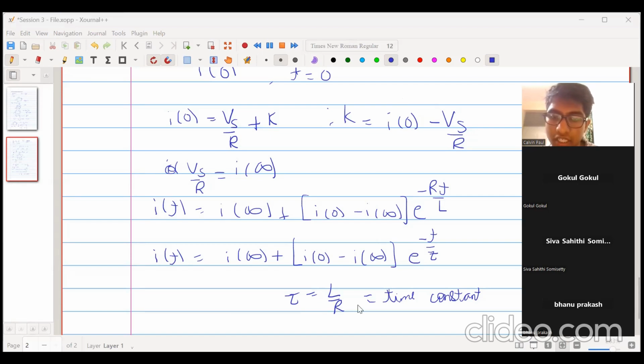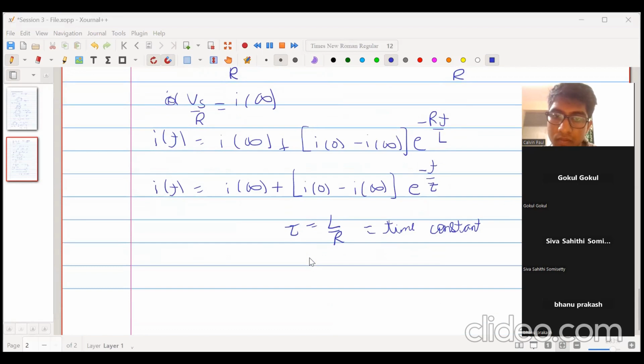Okay, tau, seconds. Yes. So tau has a unit of time, seconds or minutes or whatever. In seconds only. So this is the time constant of the circuit.